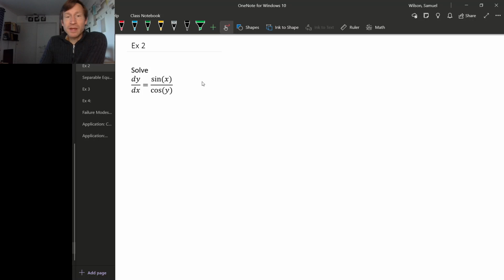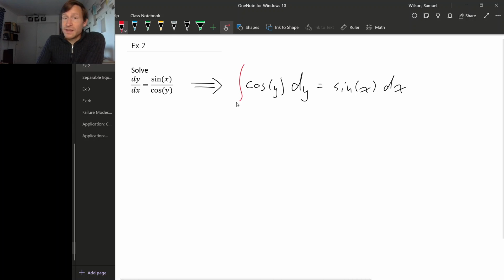So let's separate the variables. So we can multiply both sides by cosine y, and also multiply both sides by dx. So that gives us cosine y dy equals sine x dx. And now this is set up to integrate on both sides.